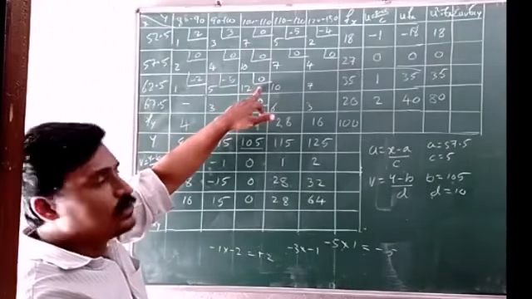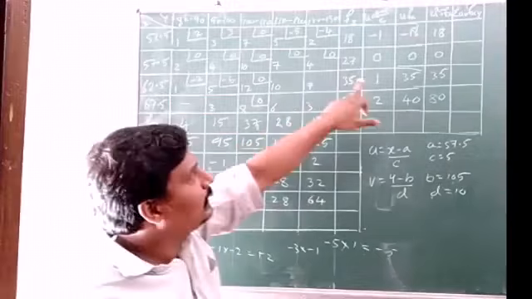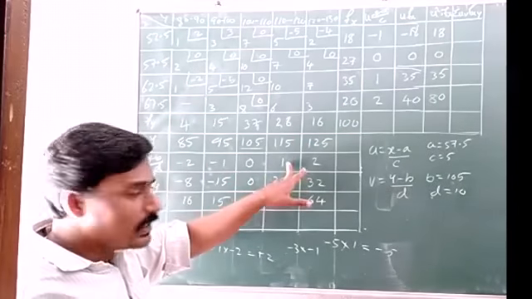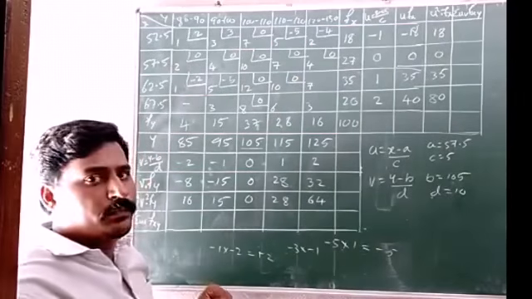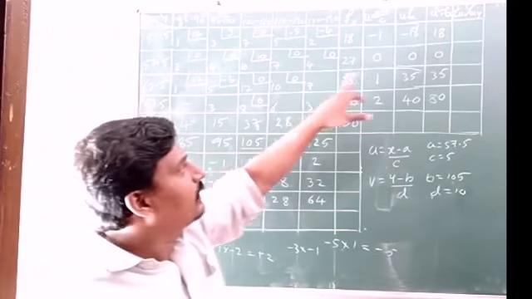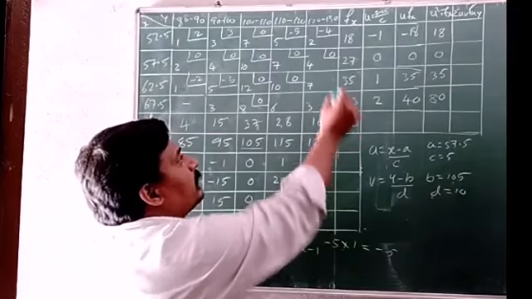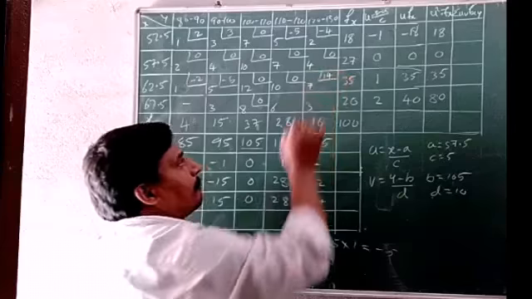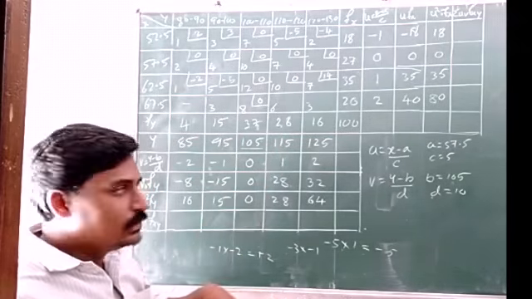Next 0, leave it. Move to next 10. 10 into 1, 10. 10 into 1, again 10. Next 7. 7 into 1, 7. 7 into 2, 14. So all are completed. Move to next row.